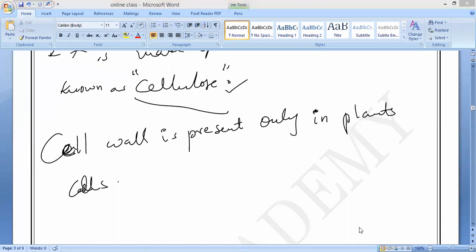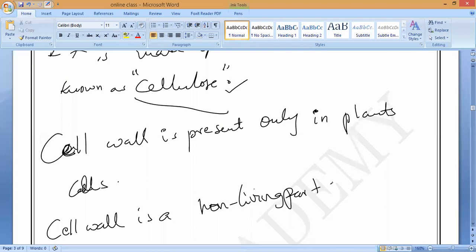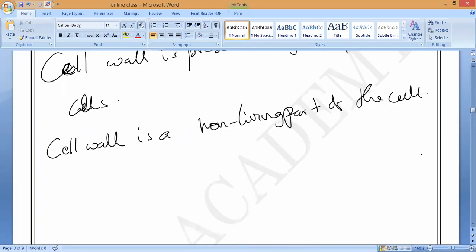The cell wall is not there in animal cells. The cell wall is a non-living part of the plant cells. Please write it. There is no cell wall in animal cells, so it is a non-living part of the cell. Do you understand, all of you? That is what you have to remember.